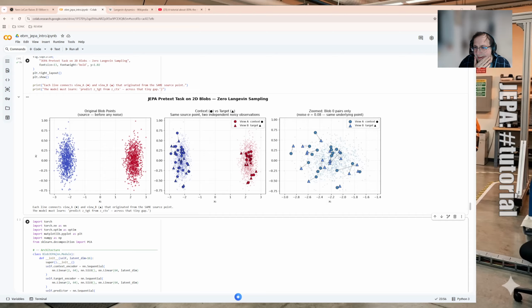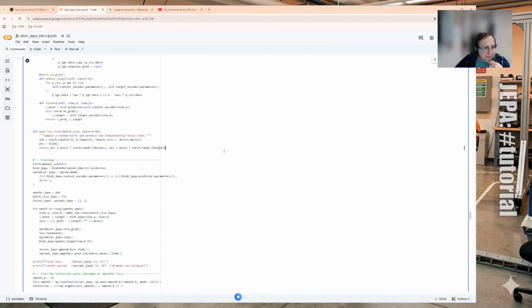In this case, we never told the model the colors, right? If you look at my code, I never say this is label 0 and this is label 1. This is unsupervised, so the model doesn't know there are two classes. Okay, let's go to my next cell.